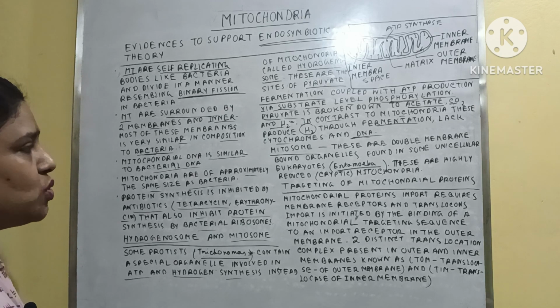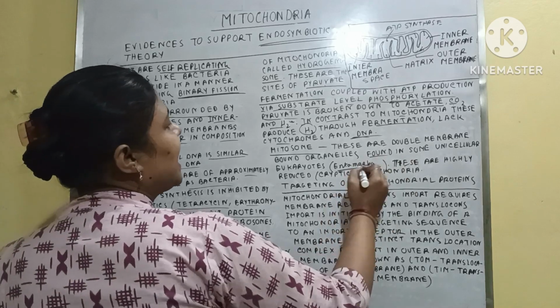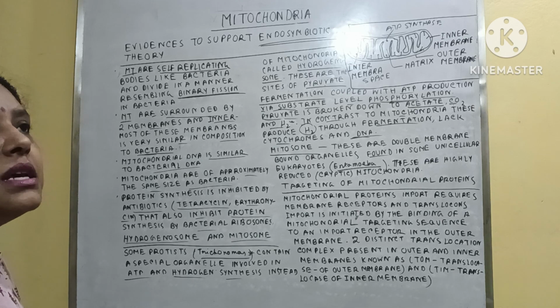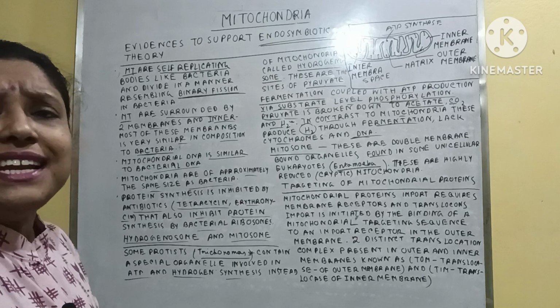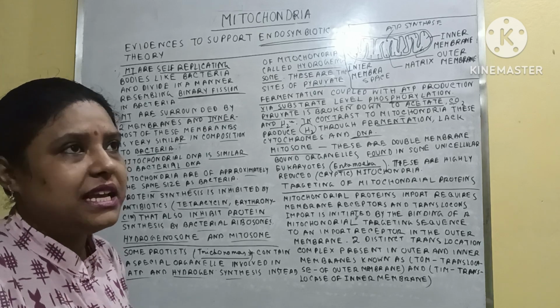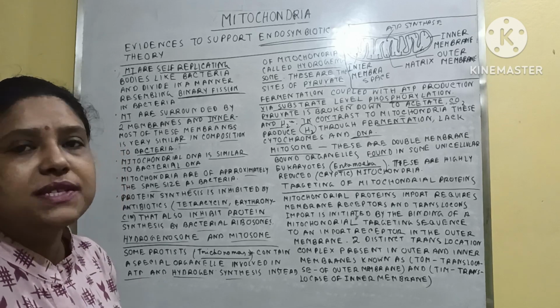Next is the mitosome. Mitosomes are generally found in Entamoeba, where mitochondria are not found. Mitochondria are generally found in highly organized cells, whereas these are lower unicellular cells.